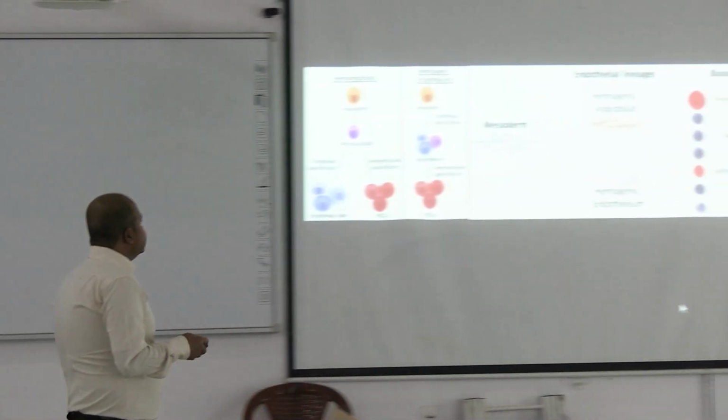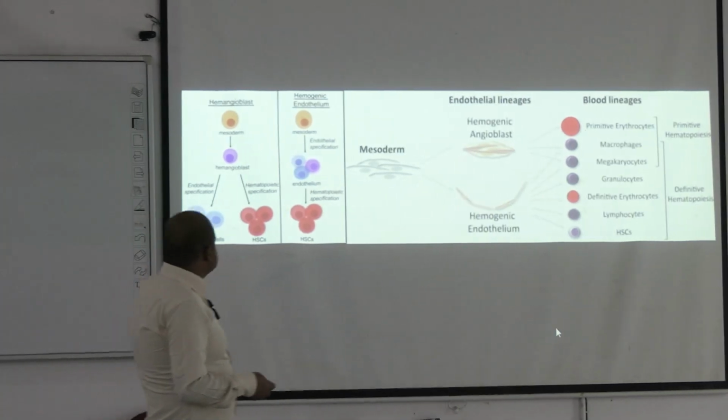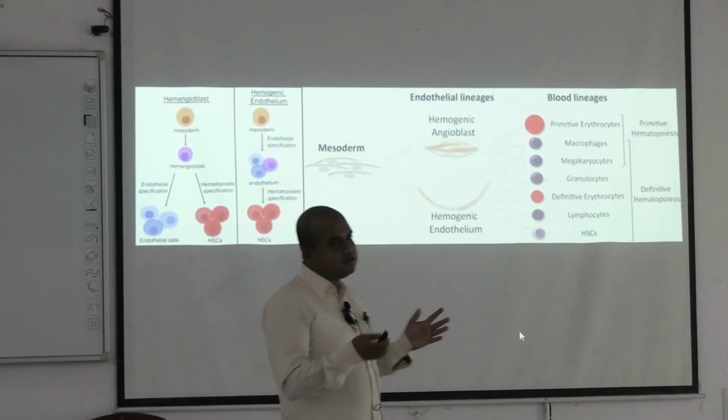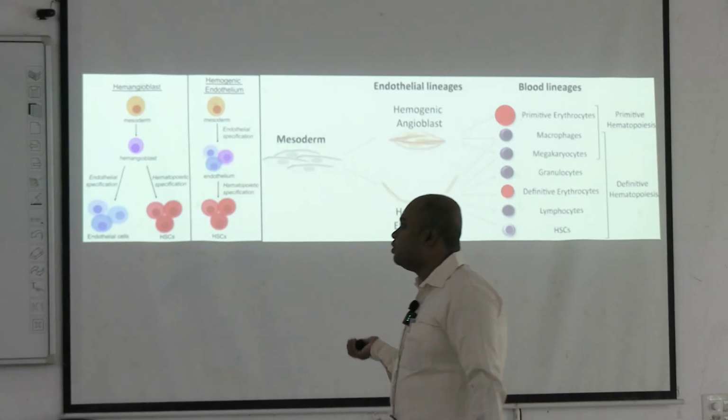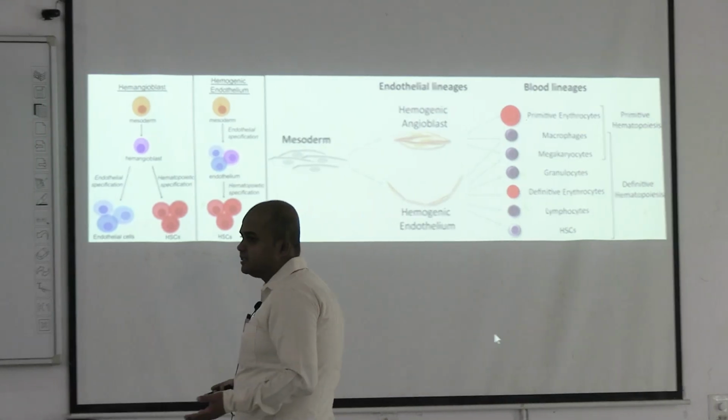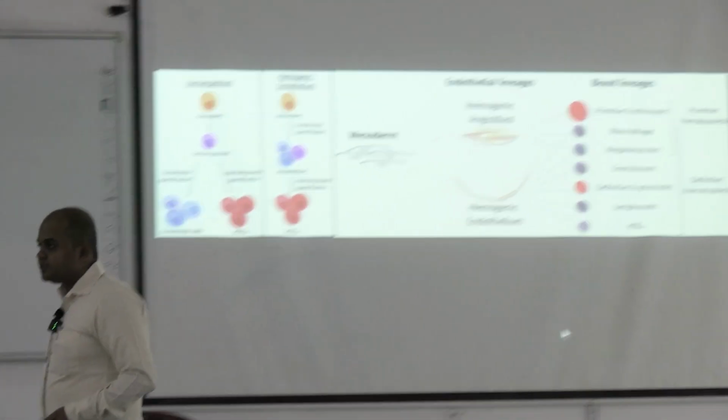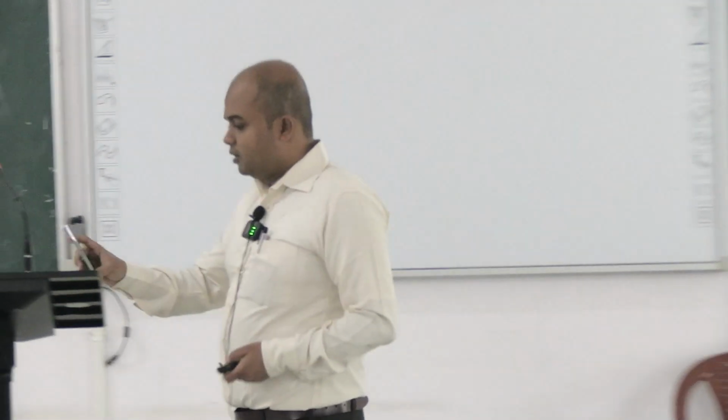Again, there are different theories of the formation of blood components and blood cells, but something called the hemangioblast. Blast cells are nothing but precursor cells to mature cells.